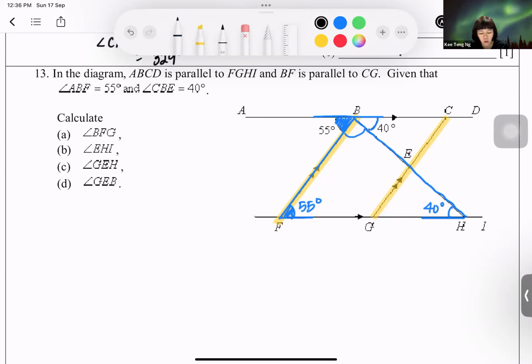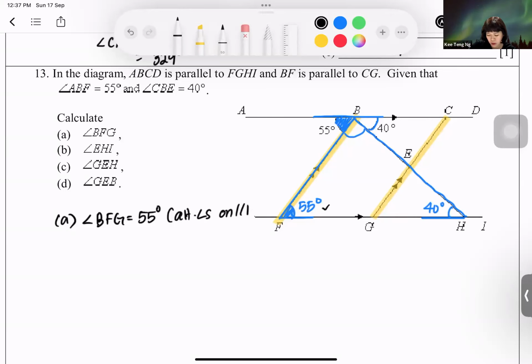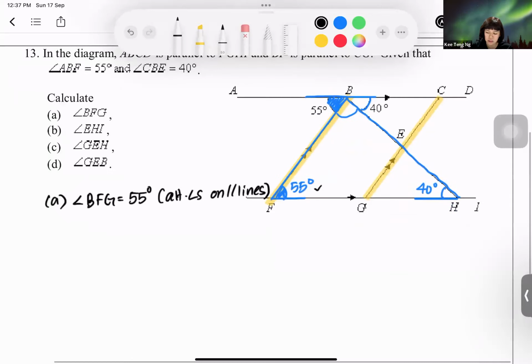Now let's look at our question. We already found angle BFG. Part A, angle BFG is equal to 55 degrees. What's the reason? Alternate angles on parallel lines. Okay, next one, find the angle EHI.